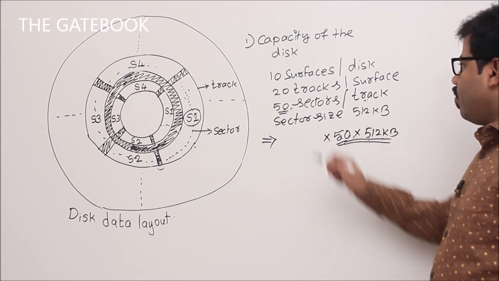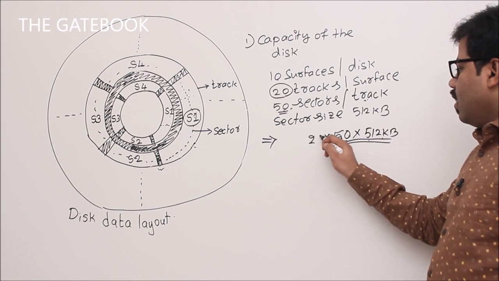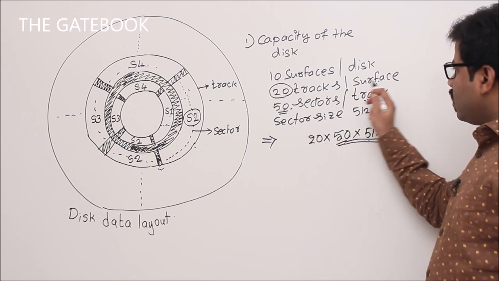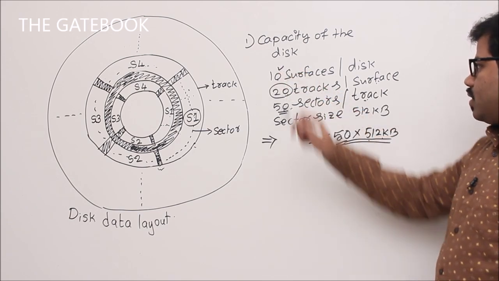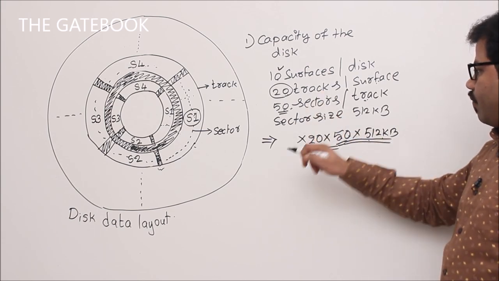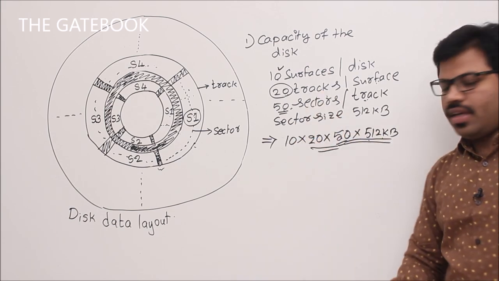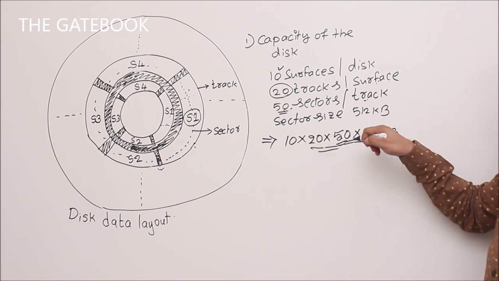How many tracks do we have? 20 tracks per surface. That is not sufficient, because we have 10 surfaces, and each surface has this much space. Then with 10 surfaces, how much space will they occupy? 10 into this much. That's why the answer is 10 into 20 into 50 into 512 kb.